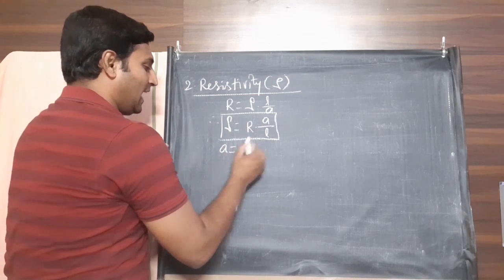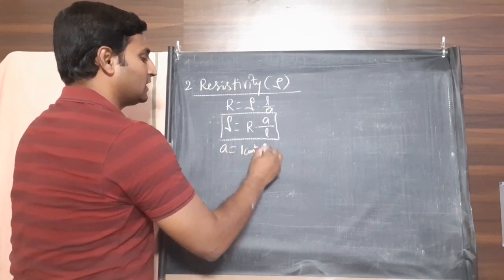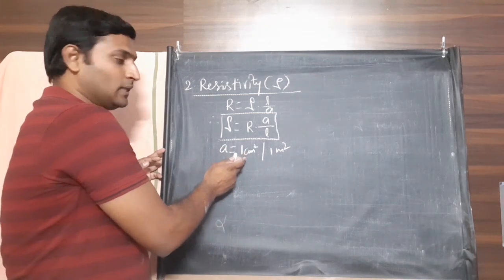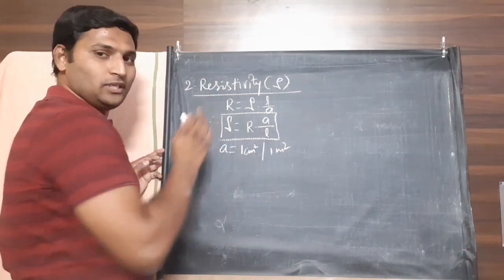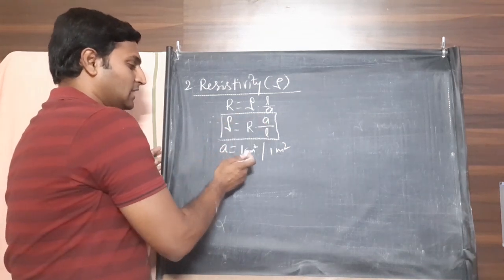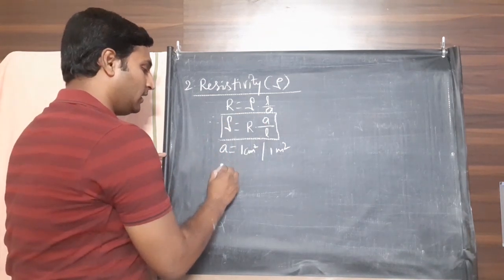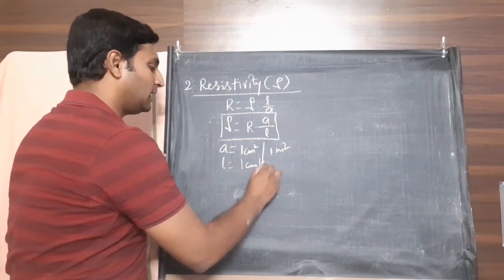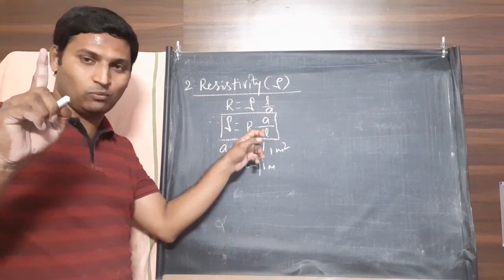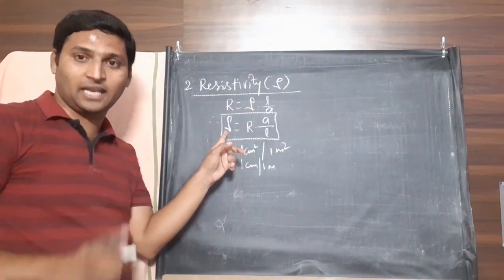Assume A is 1 centimeter square or 1 meter square. In CGS units, 1 centimeter square; in SI units, 1 meter square. If you assume the area of cross section as 1 centimeter square or 1 meter square and the length as 1 centimeter or 1 meter, then the cell constant will be 1, and resistance equals resistivity.